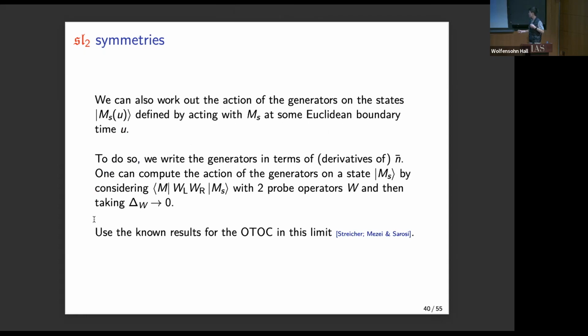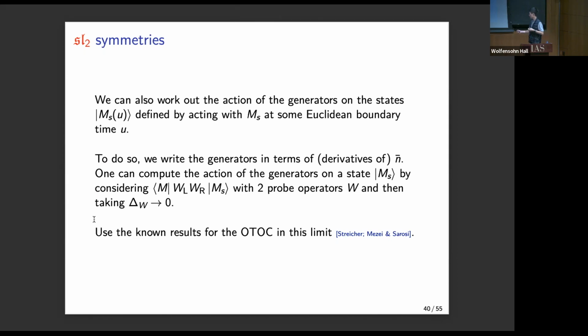In order to answer that, we can work out the action of the generators on some particularly special states. These are states where we inserted a matter operator at some Euclidean time in the past. And in this particular limit, we can evaluate the action of the symmetries by using the fact that the symmetries just involve this length.